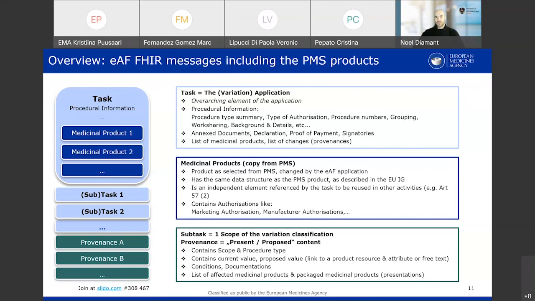This is for you to see what kind of knowledge you will need, which direction this is going, and for NCAs to see, okay, this is the message I can import in the future into my systems. And this is also the way we want to go. First, we are creating that standard.